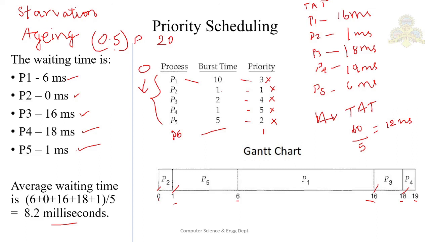Suppose your process has waited for 1 day in the ready queue; the next day its priority would be reduced by 0.5 from 20, so it becomes 19.5. Likewise, day by day 0.5 would be decreased from its priority, and one day it would become the highest priority process and be taken for execution. So we have removed the indefinite blocking of the process here. Okay, we will see another problem in the next video.